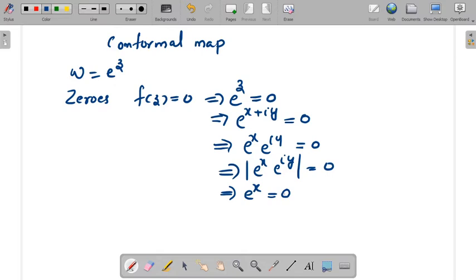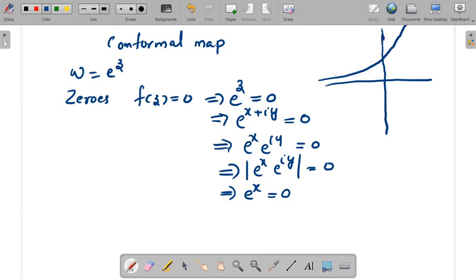I hope you remember the graph of e raised to x. How is the graph of e raised to x? It extends from minus infinity to plus infinity, right? And we say that it becomes 0 at minus infinity, or the x-axis is asymptotic to this graph.